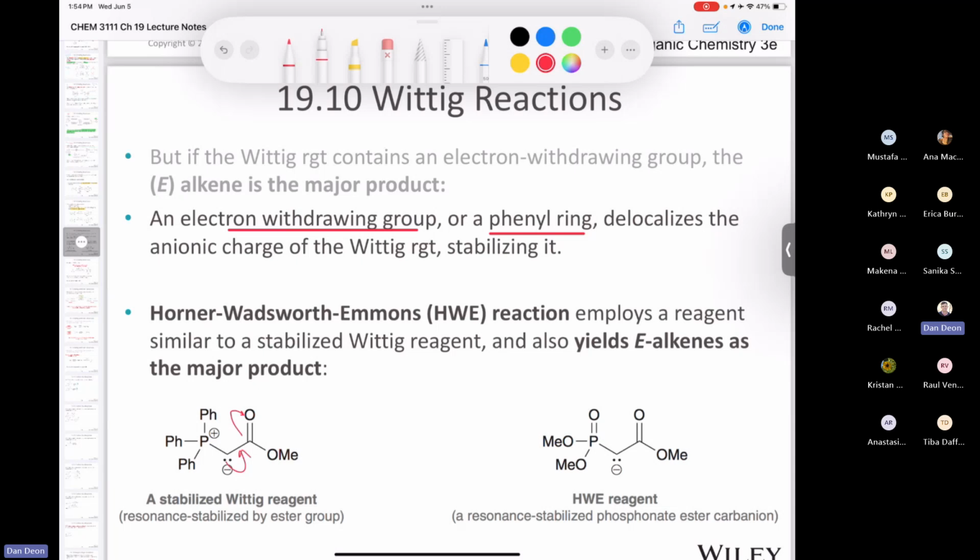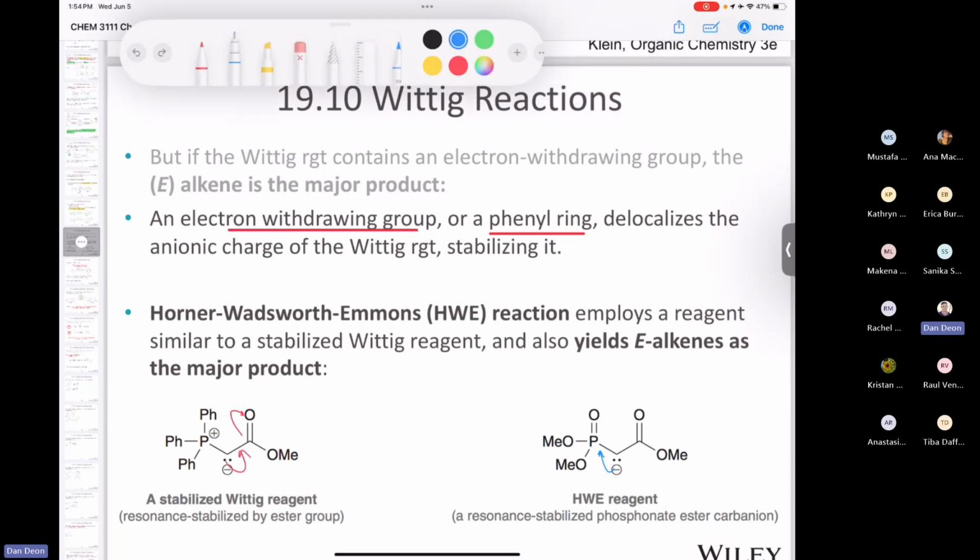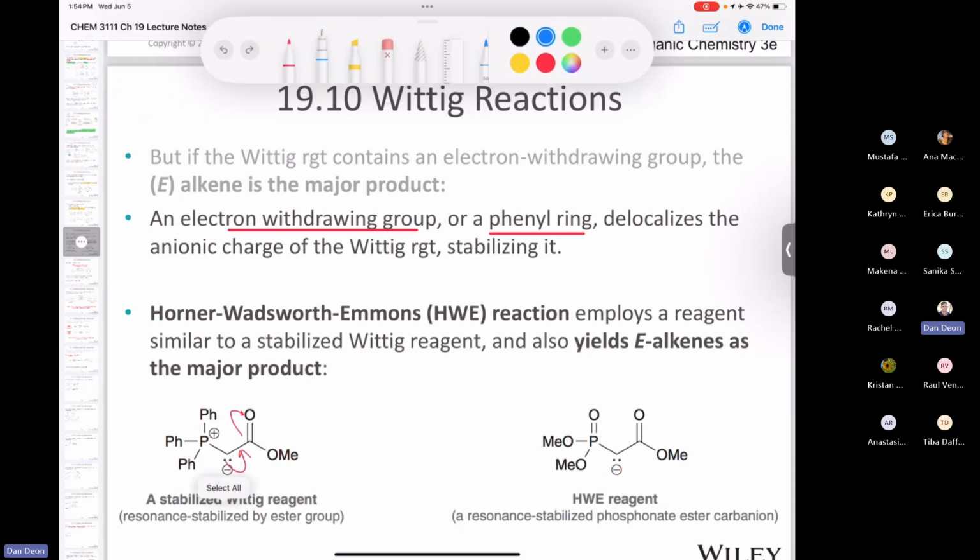Well, the one on the bottom right is a Horner-Wadsworth-Emmons reagent, and it also kind of looks like a stabilized Wittig. Why? Because you could draw curved arrows like this. But either way, it's highly stabilized. And since it's highly stabilized, it gives you exclusively or almost exclusively an E alkene as your major product.